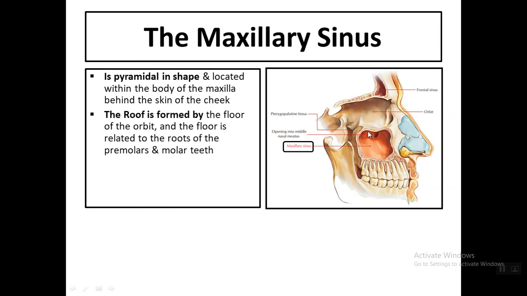The roof is formed by the floor of the orbit, and the floor is related to the premolar and molar teeth. It opens into the middle meatus of the nose through the hiatus semilunaris.